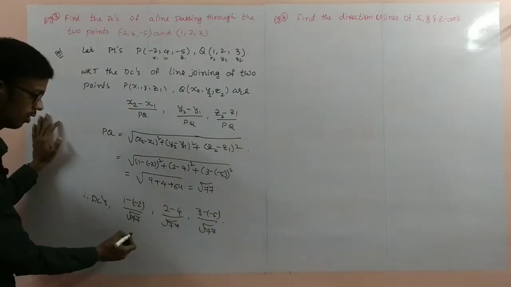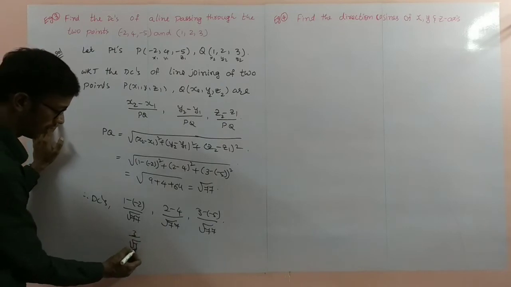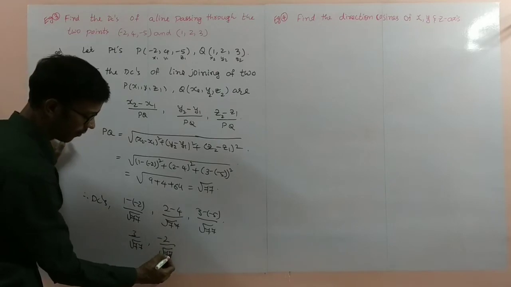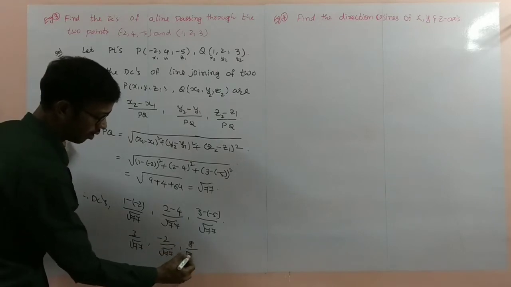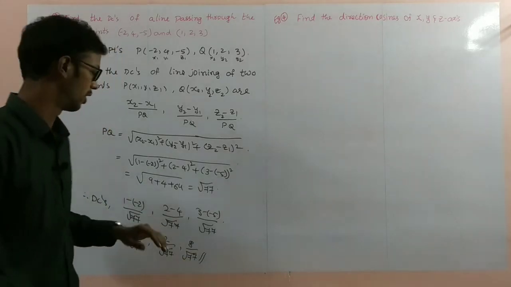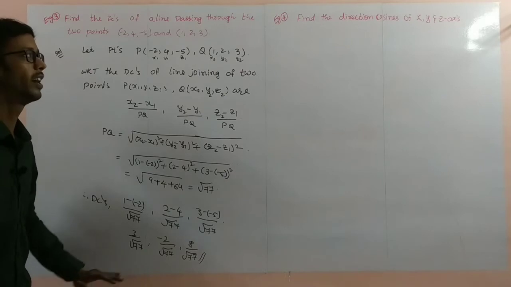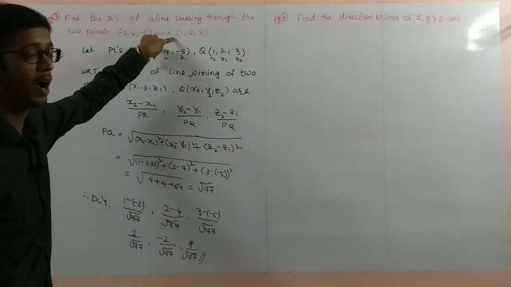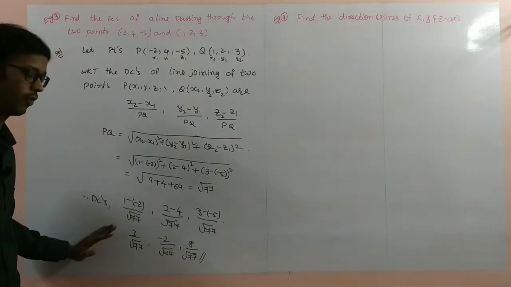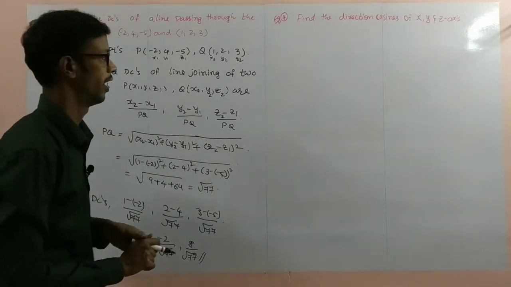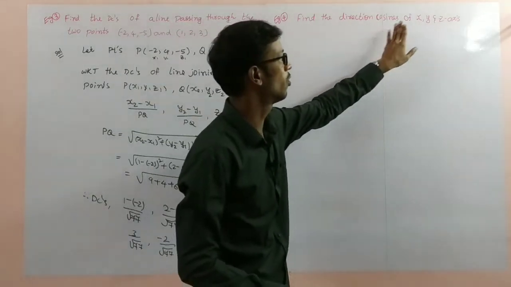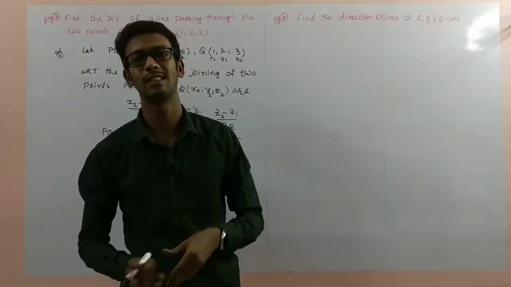So now we can conclude this one as 3 by root 77, minus 2 by root 77, 8 by root 77. These are the required direction cosines. If you know the 2 points, the direction cosine formula and the distance formula, substitute in that one, you will get the direction cosines. So next, example 4: find the direction cosines of x-axis, y-axis, z-axis.